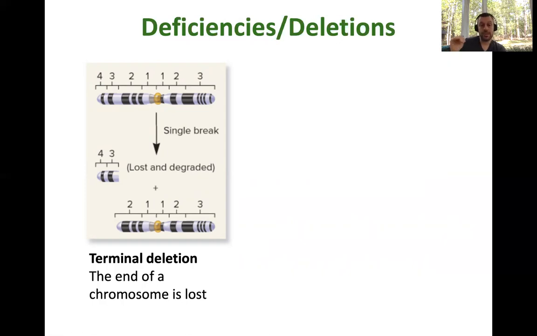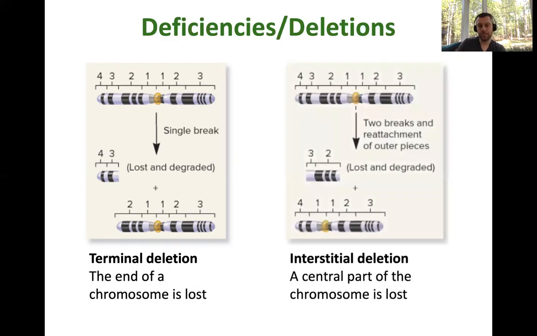So here we have a simple deletion where we've had a single break occur in the left-hand side of this chromosome where we've lost segments 3 and 4. So now these become lost in the cell, they become degraded, and you end up with the end of the chromosome being missing. This is called a terminal deletion because you're deleting the terminal end of the chromosome. That's one possibility for a deletion where you just lop off the end of a chromosome.